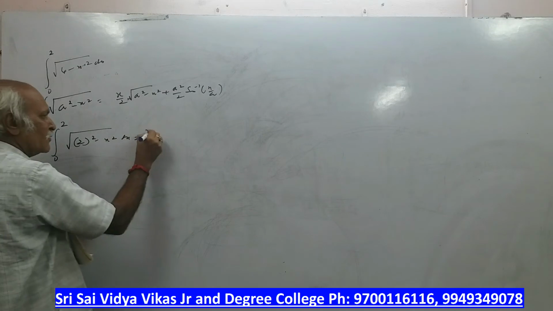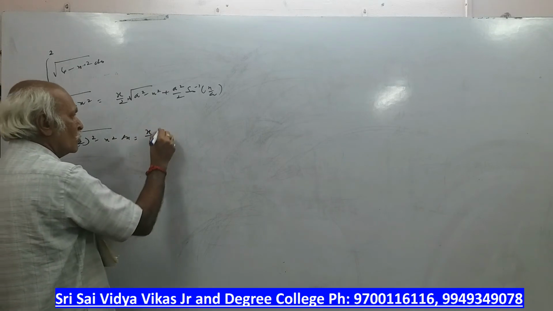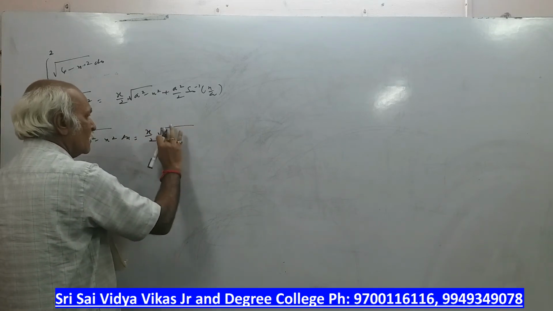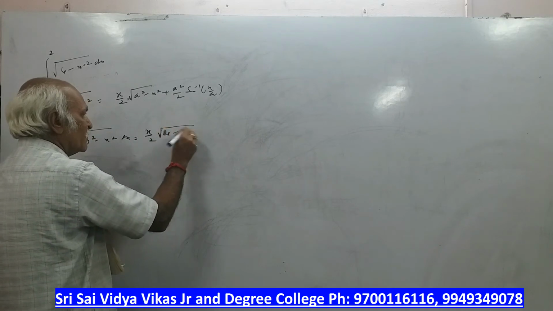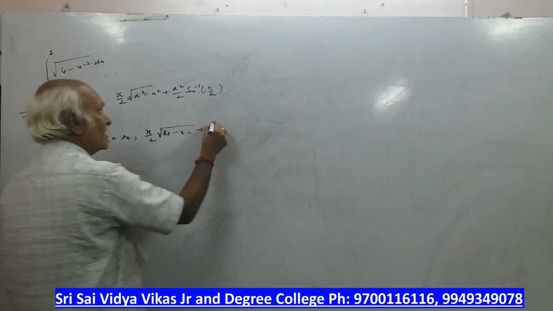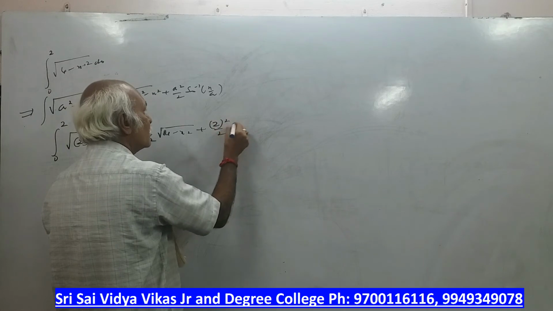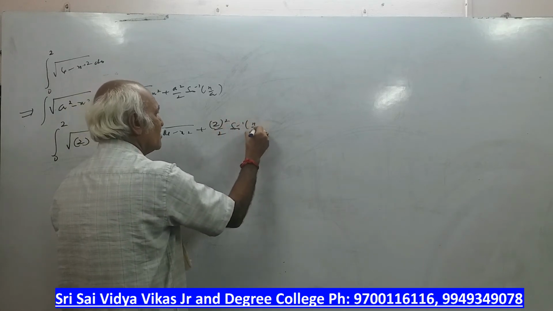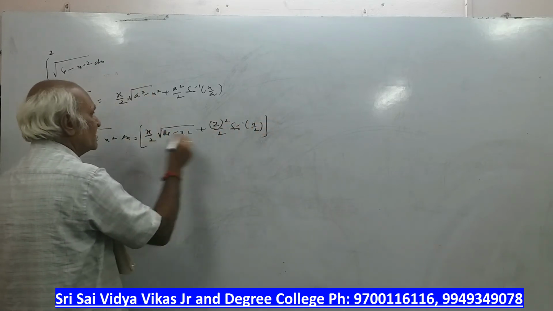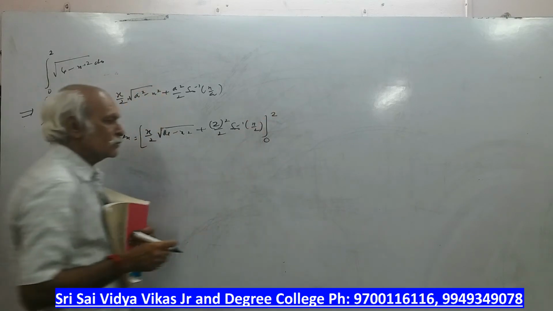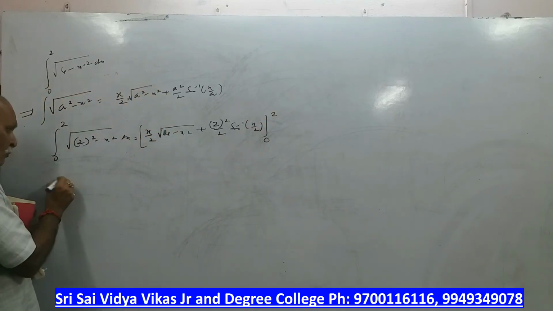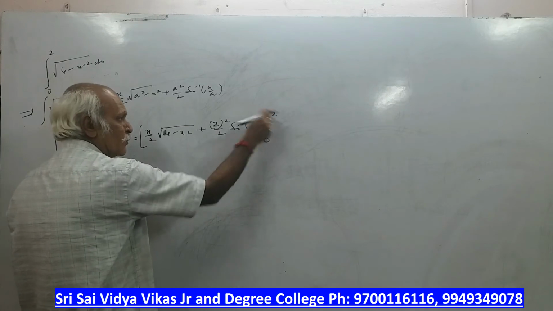x is what, sir? x only. x by 2 root of 4 minus x square plus a square means 2 square by 2 sin inverse x by 2. Put the limits 0 to 2. So we have to apply the formula. So upper limit, we put upper limit.